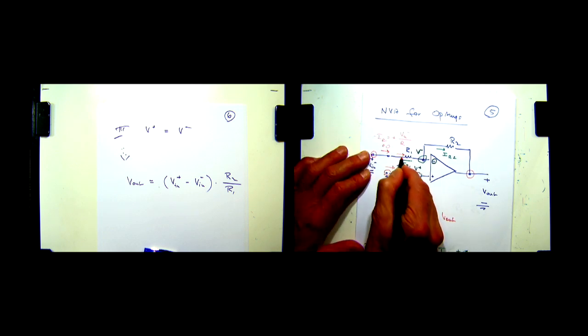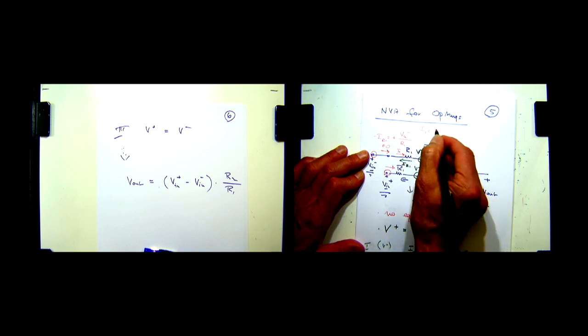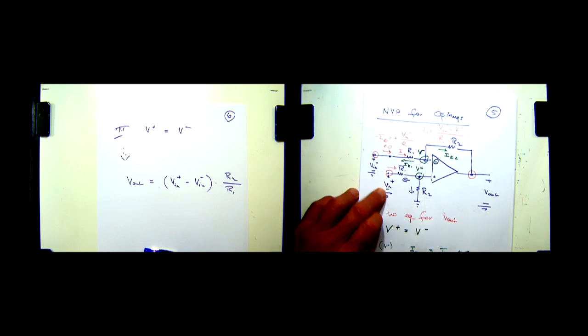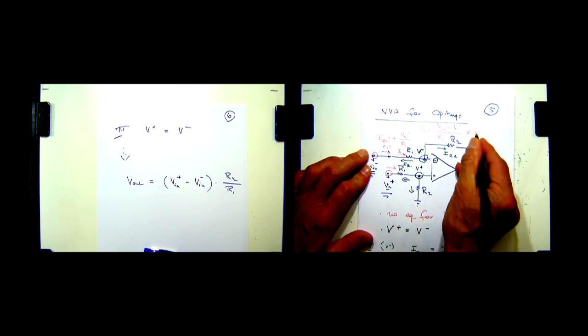Anyways, this current, before we called this one I1, and this current I1 is equal to V in minus over R1. Oh, you're right, minus V minus, yeah. I did it for V plus equals 0. Okay, but anyways, the point is that this is not equal to 0. Generally, it's not equal to 0.